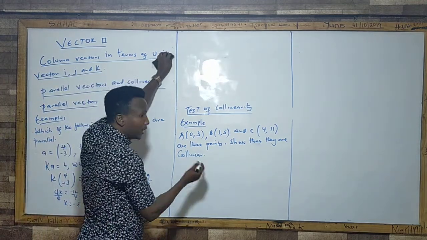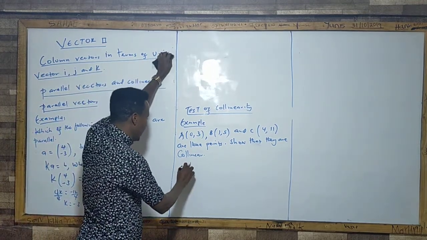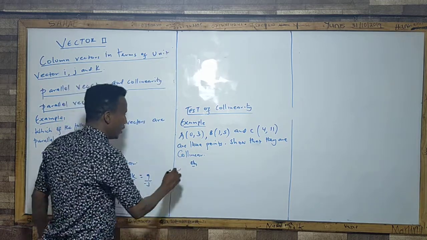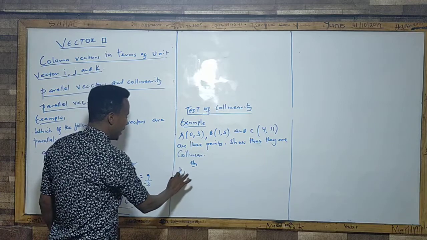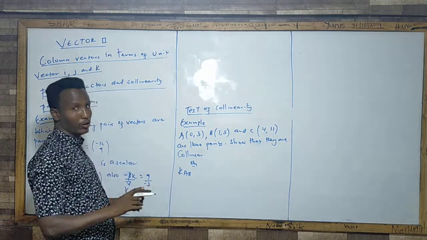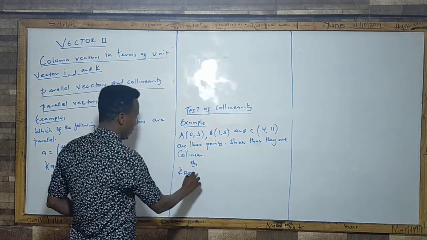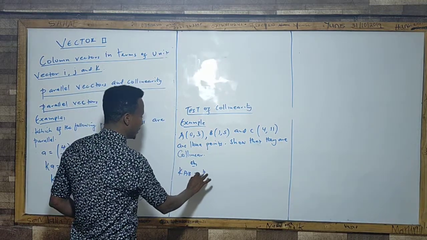So we test for parallelity, coming to the solution. We can say K times AB, when there are 3 in number, must give us BC.